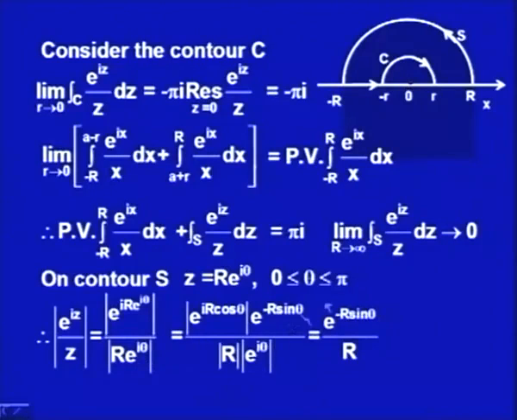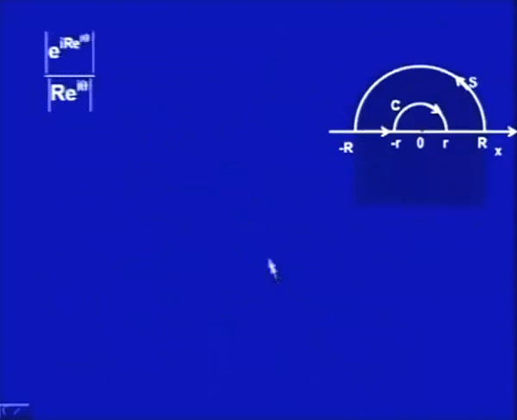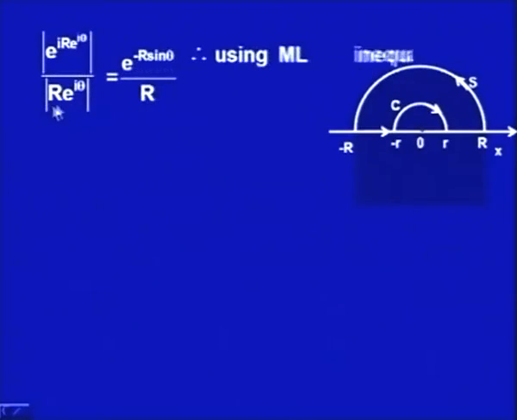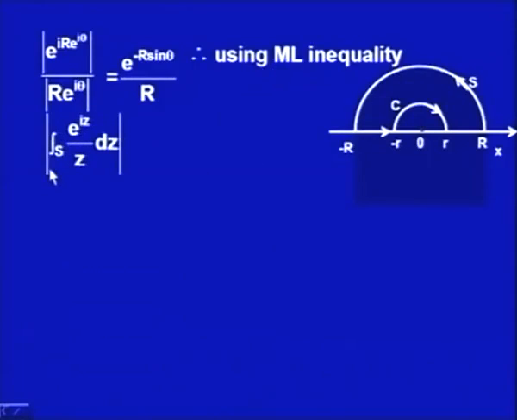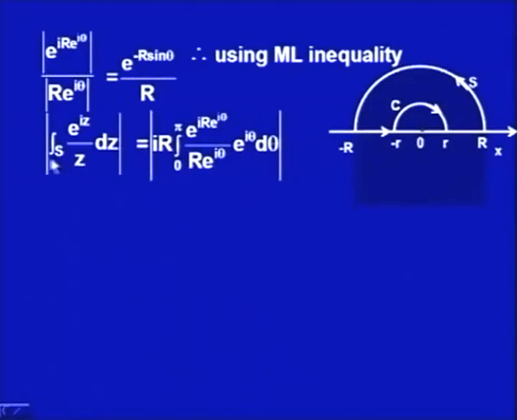Now, write this integral along this semicircle. If I use the ML inequality, along the semicircle S of e^{iz}/z dz, we first write the line integral along this semicircle, that is the contour integration.